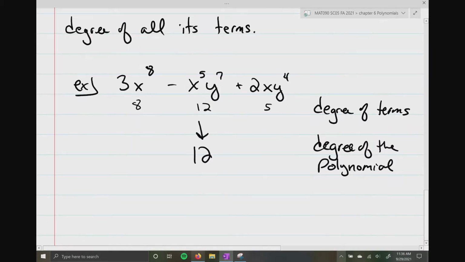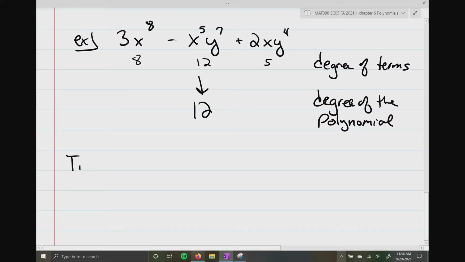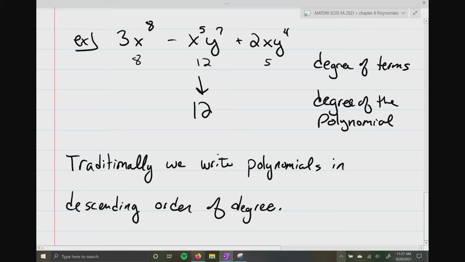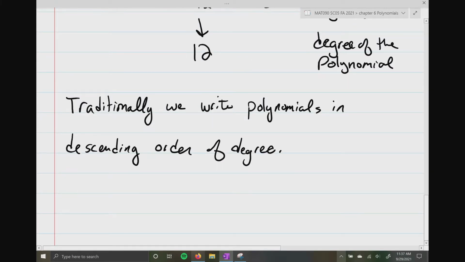All right. Traditionally, we will write polynomials in descending order of degree. Like that's what I'm going to be doing. So if I give you something like this, negative 4x plus 3x to the 3rd minus x to the 4th.